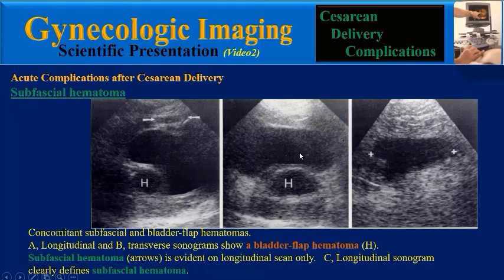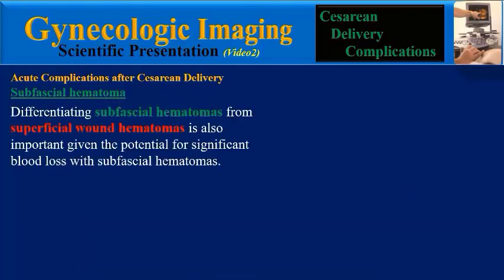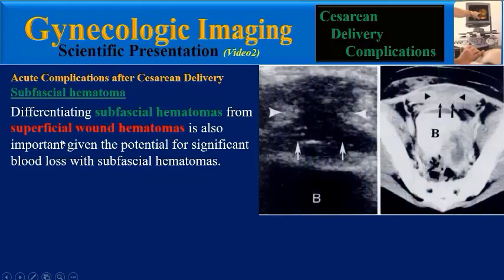This longitudinal and transverse image shows a bladder flap hematoma anterior to the uterus, and the subfascial hematoma is evident only on the longitudinal scan. In a more superficial image, we can see the subfascial hematoma obviously. Differentiating subfascial hematomas from superficial wound hematomas is also important, given the potential for significant blood loss with subfascial hematoma.